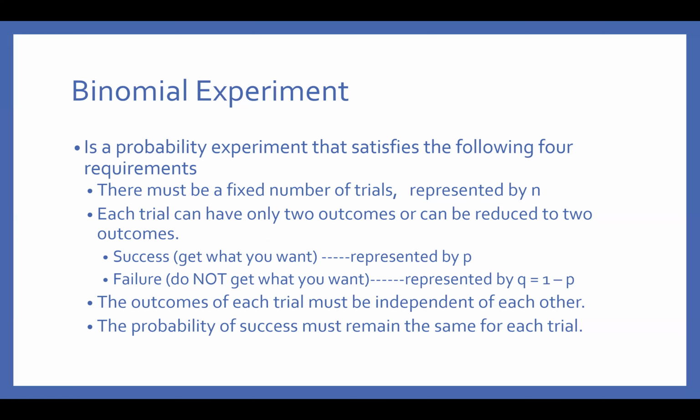You're flipping the same coin every time. You're not changing the coin, or you're rolling the same die. And we'll walk through these again in a minute, because we want to verify that we have a binomial distribution.